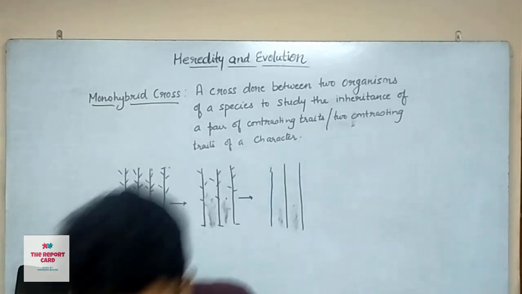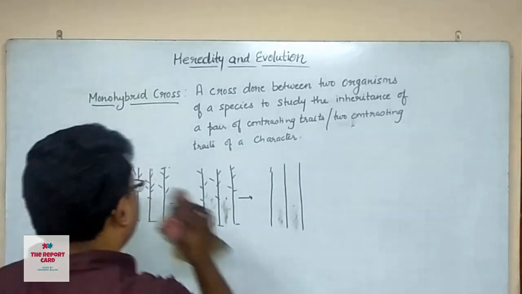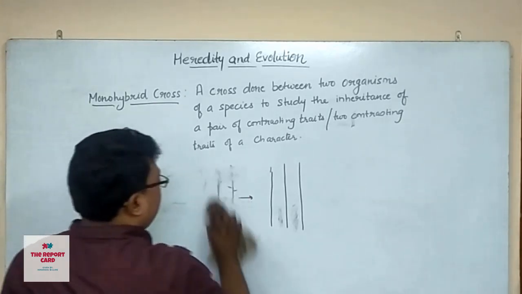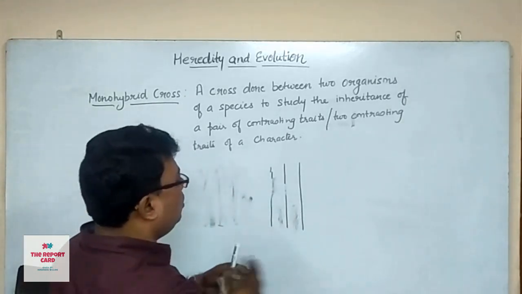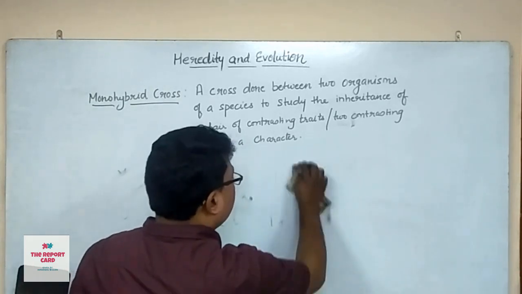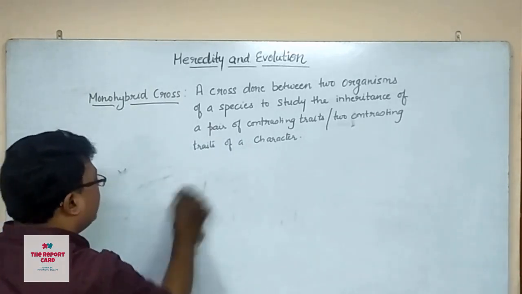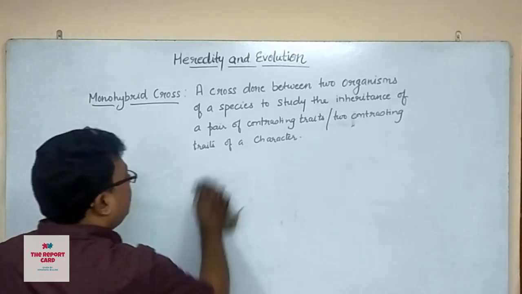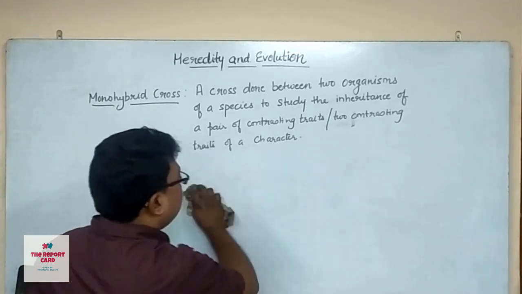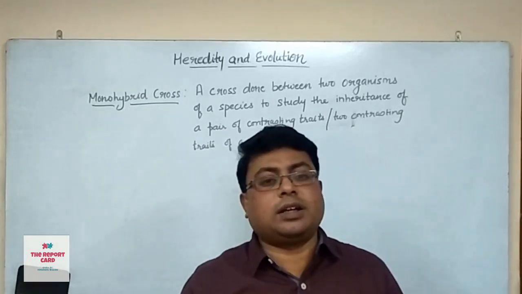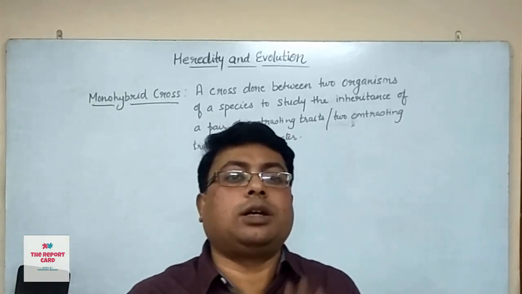So he took all those tall plants. Now, why did he do that? He kept on self-crossing the tall plants just to get pure tall character. He wanted the tall plants he was taking to have factors which promote only tallness.